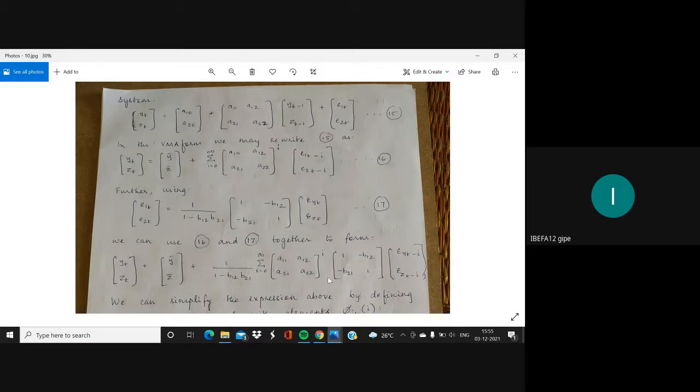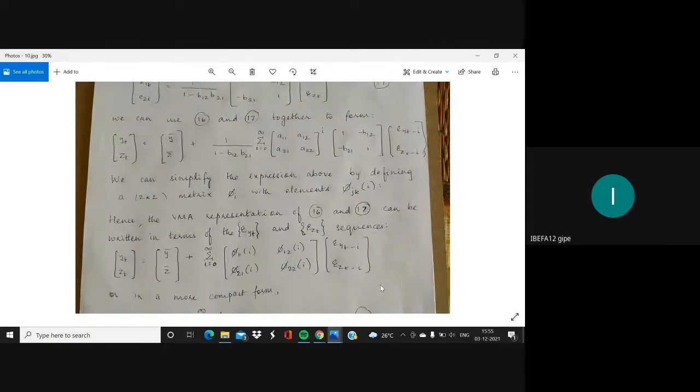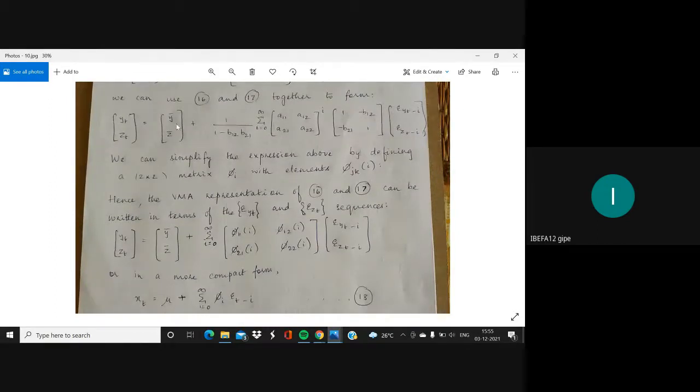In this last equation, what we have simply done is instead of e1t and e2t, we've simply put in this right hand side of equation 17. So this is basically the vector moving average representation, and we are expressing again the VAR model now in terms of the structural error terms.